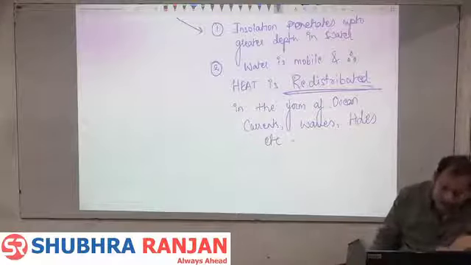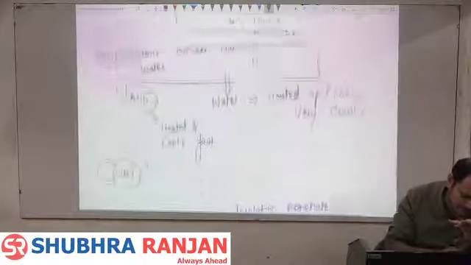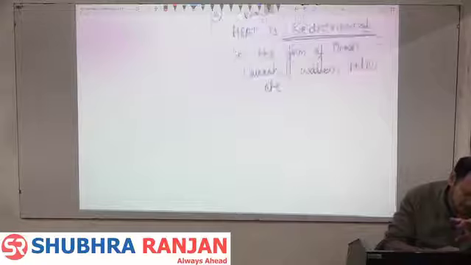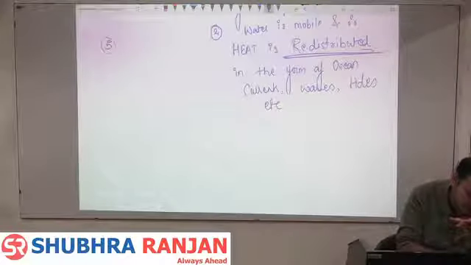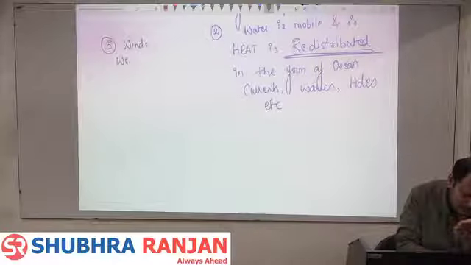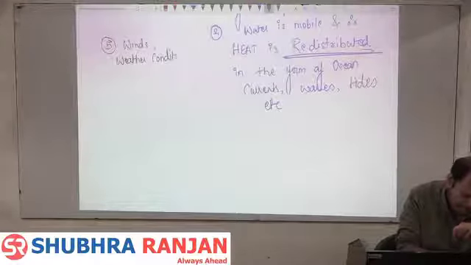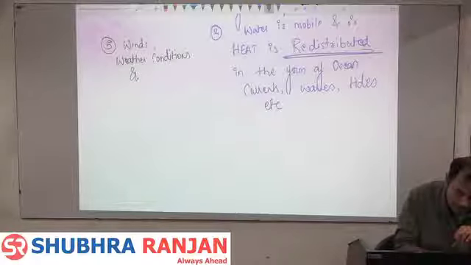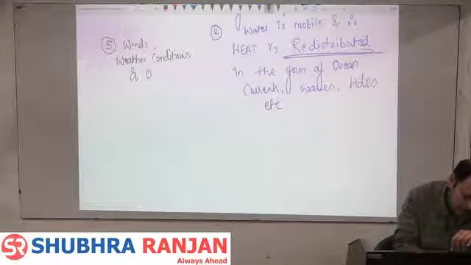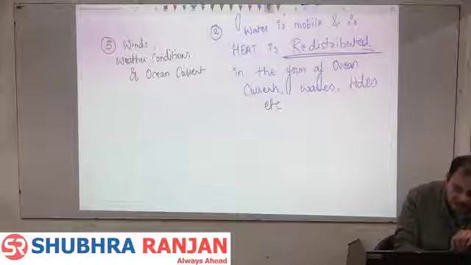And the last factors, which I will combine all together, are winds, weather conditions, and ocean currents, etc. Where there is a warm ocean current like the Gulf Stream, we have greater temperature.